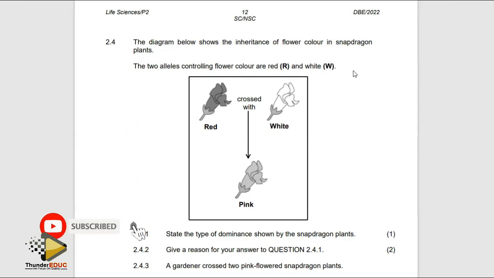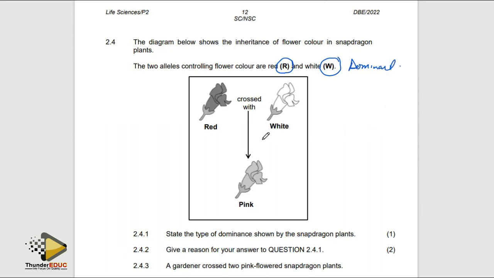It means that because the two alleles are capital letters, this is a capital letter and also this is a capital letter, both of them are dominant.